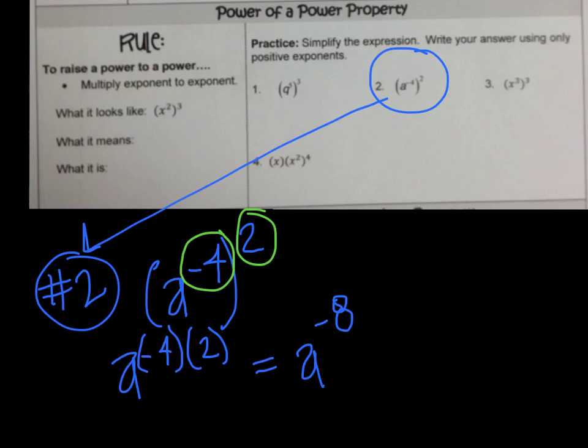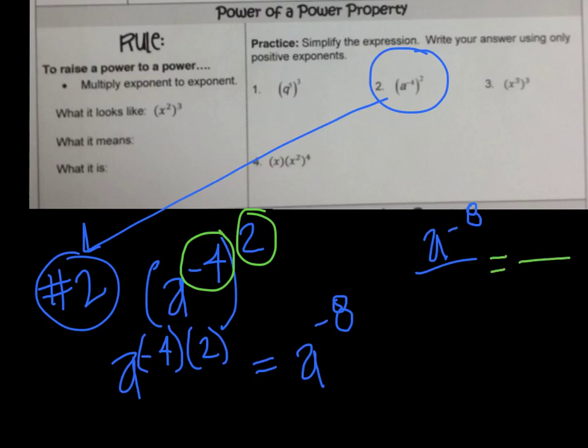Okay, if you don't see the line, that means your term is on top of the line. So right now, our a to the negative 8th is on top of the line. Okay, well, if we want to get rid of the negative, we have to make the base cross the line. In this case, our base of the negative exponent is a.